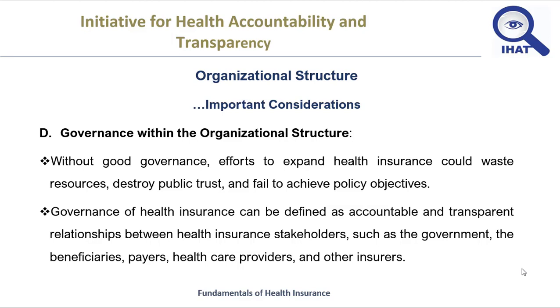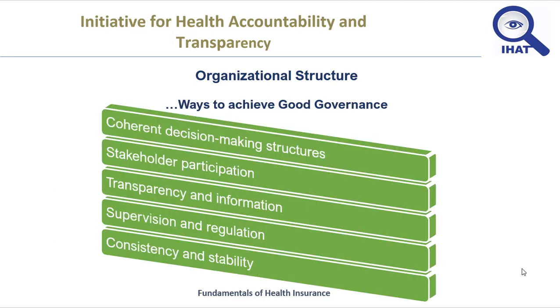Governance of health insurance can be defined as accountable and transparent relationships between health insurance stakeholders such as the government, the beneficiaries, the payers, the healthcare providers, and other insurers. Good governance within an insurance scheme can be achieved in different ways.